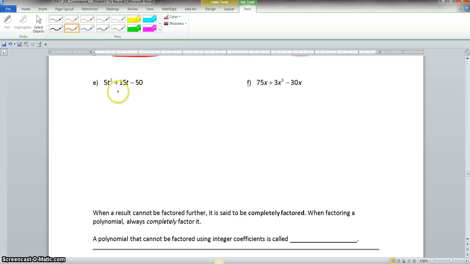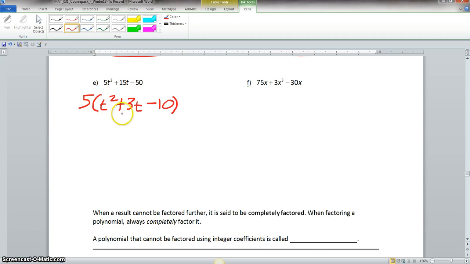Okay, now, the first thing we're supposed to do is make sure that this expression is organized correctly, which it is. The second thing we're supposed to do is to see if all three of these terms have something in common, which we do. We have 5. So we factor out a 5, and then what's left would be t squared plus 3t minus 10.